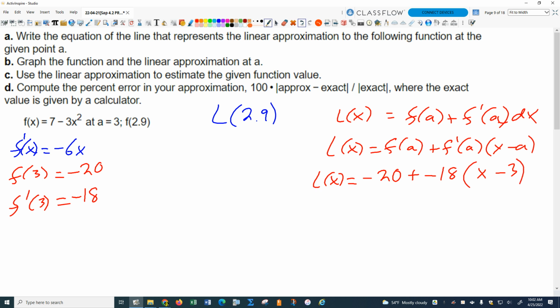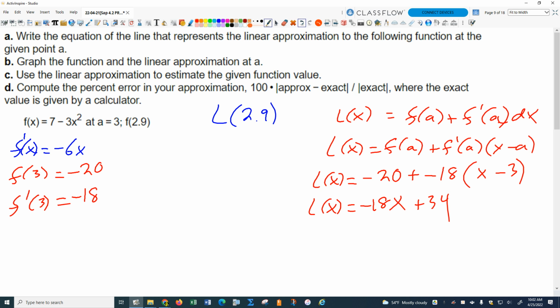There's our line right there, okay? If we want to put this into slope-intercept form, that just means simplify, right? So we would distribute the negative 18, combine like terms, and we get L of x equals negative 18x plus 54 minus 20. Everybody agrees with that?